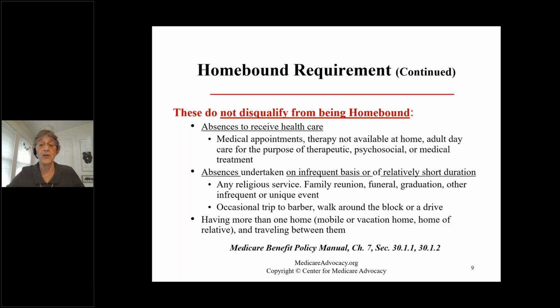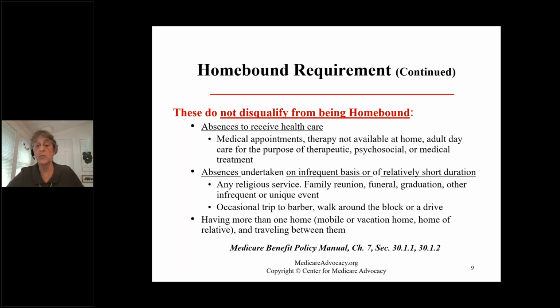So it is explicitly stated that care provided in adult day care for psychosocial purposes, therapeutic or medical treatment will not disqualify an individual from being considered homebound, nor will going to medical appointments. Absences taken on an infrequent or relatively short basis are also not considered ways to be disqualified from homebound.